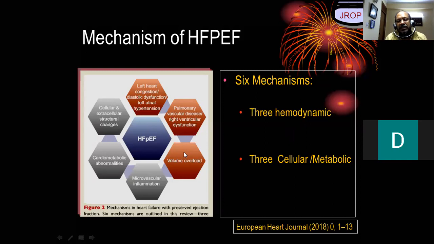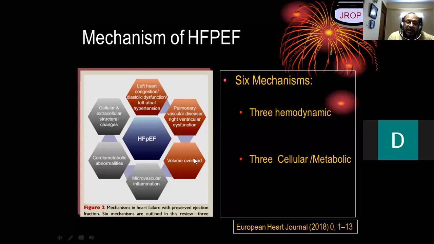If you look at these 3 hemodynamic mechanisms, I would transform them as: this is left-sided heart disease, this is right-sided heart disease, and this is volume overloaded conditions. In volume overload, all of us understand conditions like anemia, thyrotoxicosis, beriberi, all this kind of thing.